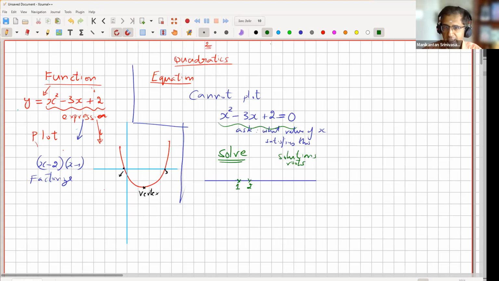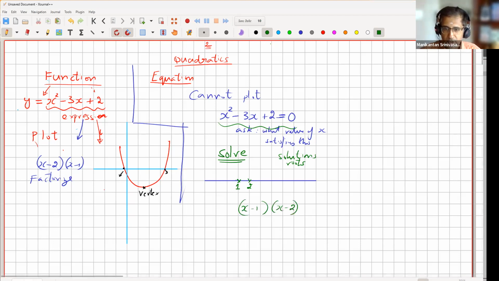But they are very, very related. The fact that you can factorize x square minus 3x plus 2 as x minus 1 times x minus 2 is very much useful, even though we learned that as part of function factorizing. Why is it useful? Because what is factorizing really? Factorizing means breaking a big expression into smaller expressions which are multiplicative. That's very important. Multiplicative.